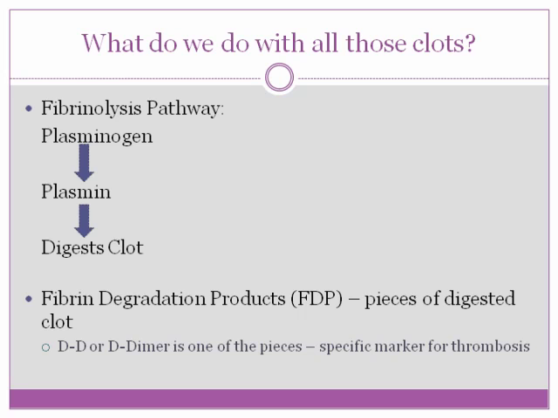And if that D dimer is high or very positive, that tells the doctor that, yes, that person does have a clot or clots occurring. So again, a D dimer is a specific marker for thrombosis or for clots. And that's because it is a piece of a clot that was there. So that gives notice to the doctor that they do have clots occurring.